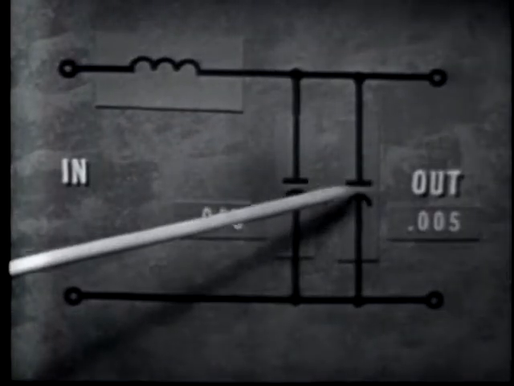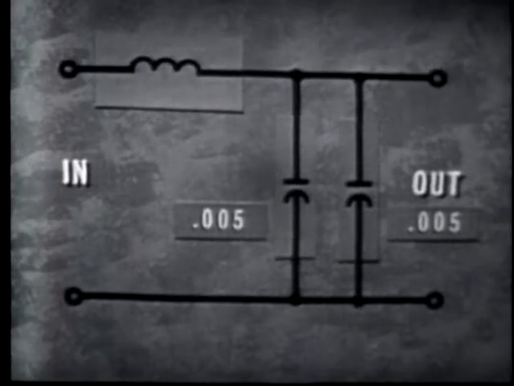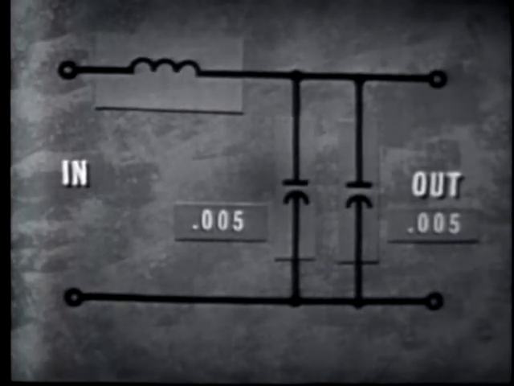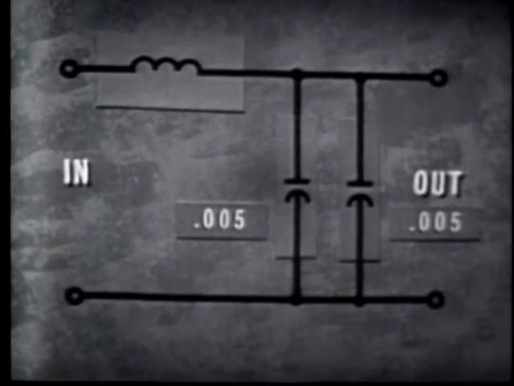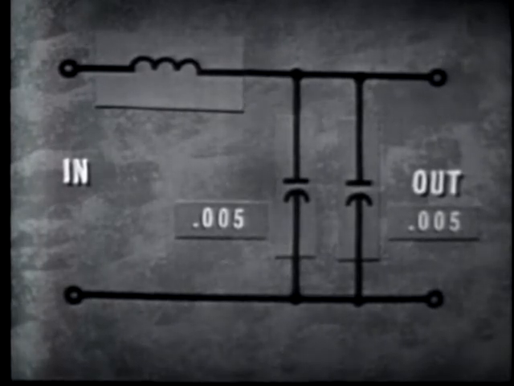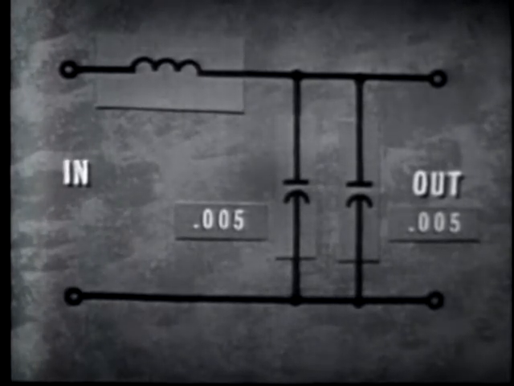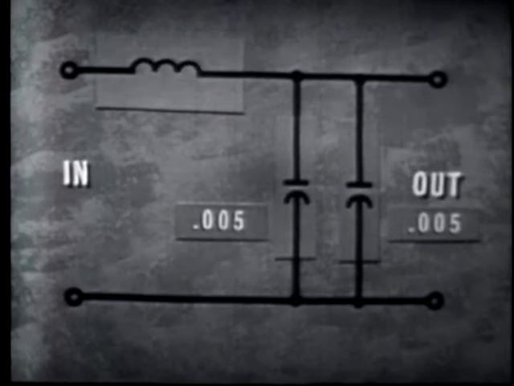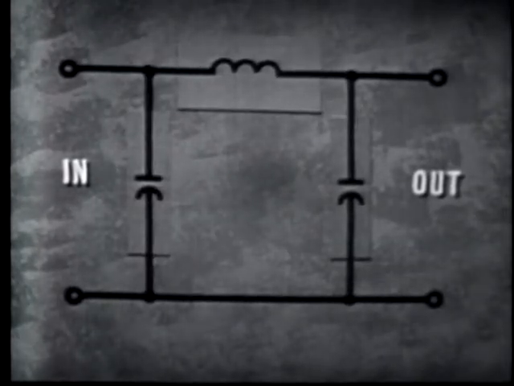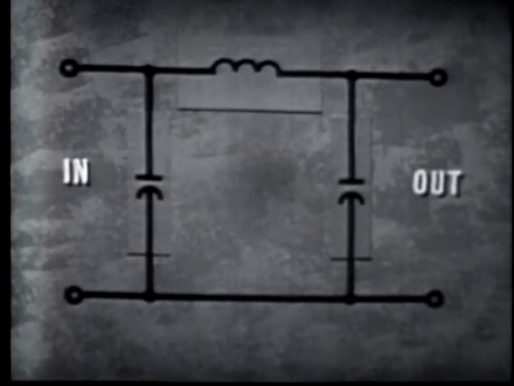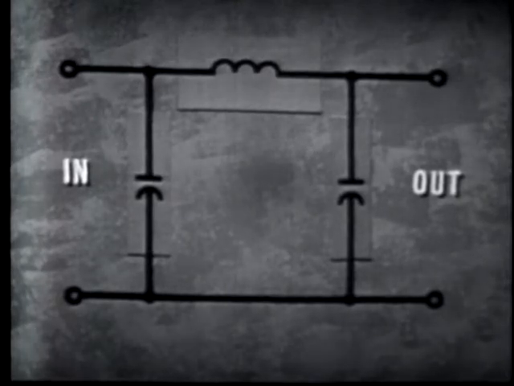The total capacitance is still equal to 0.01 microfarads, so the circuit will still affect the same frequency range. We can even move one of the capacitors to the input side of the filter without changing total circuit capacitance. It's still 0.01 microfarads.